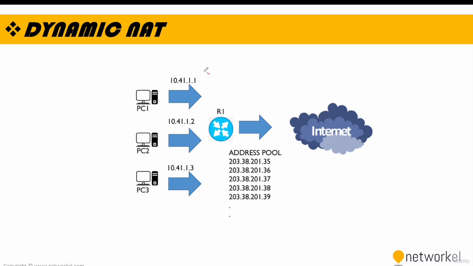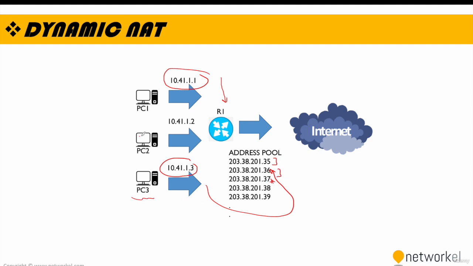For example, if PC1 needs to browse the internet and this device is doing the NAT, then this IP address will be converted to this IP address. But if the second one to reach the internet is PC3, then its address will not be mapped to this IP address; it will be mapped to this one, 36, since this PC is coming second.